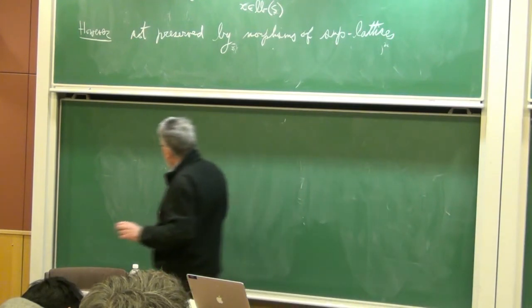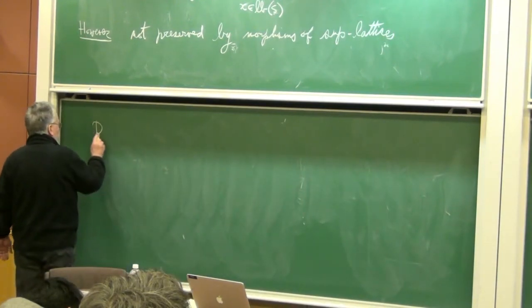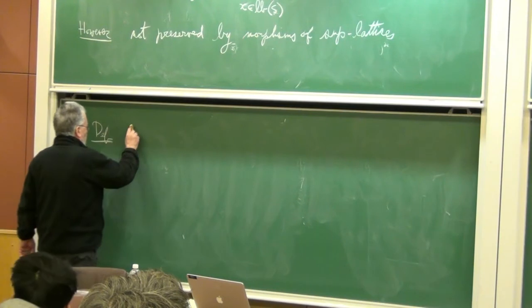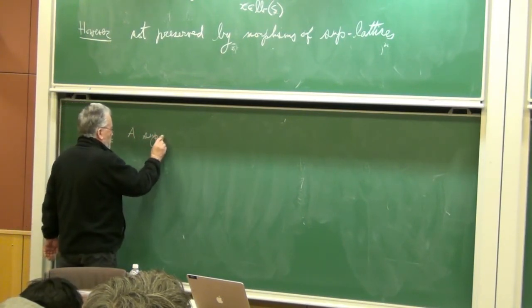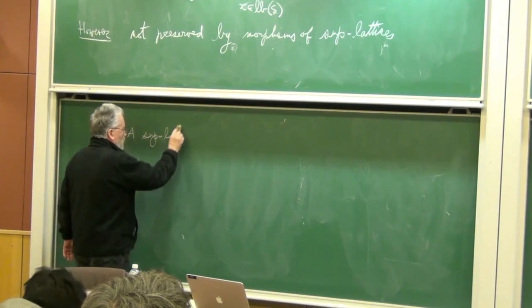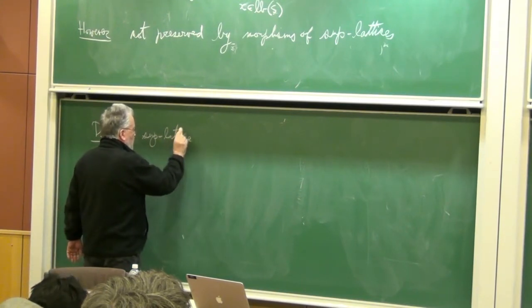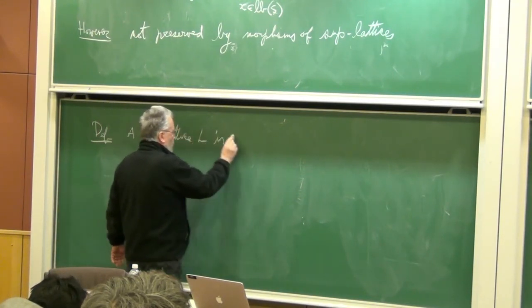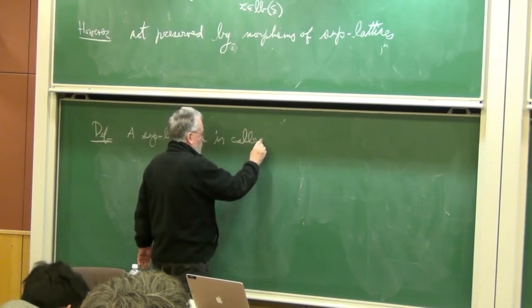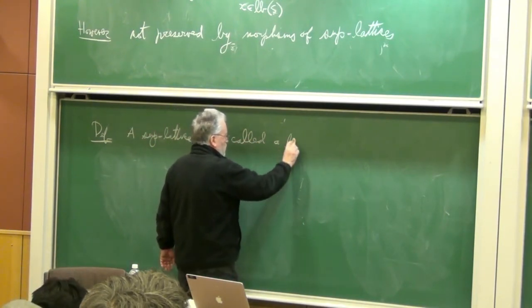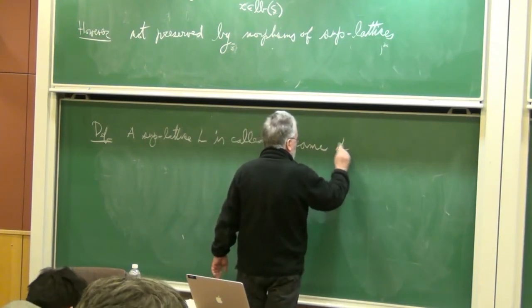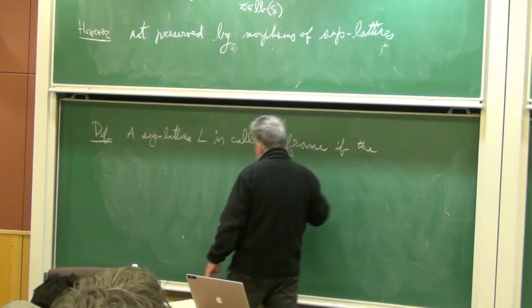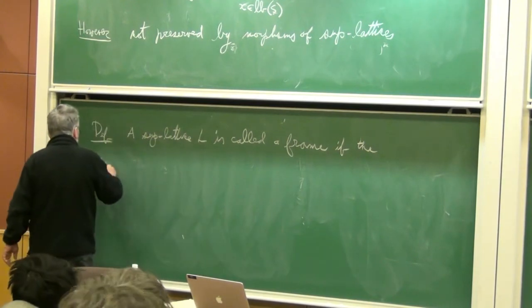Now I can define what a frame is. Definition. A sup lattice L is called a frame if the following distributivity law holds.